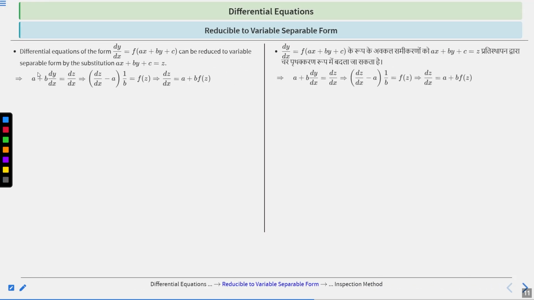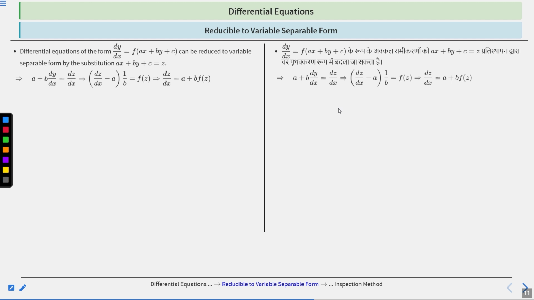Next is reducible to variable separable form, in which a differential equation of the form dy by dx equal to a function of ax plus by plus c can be reduced to variable separable form by substitution. And what substitution will we do? We will put ax plus by plus c equal to z.